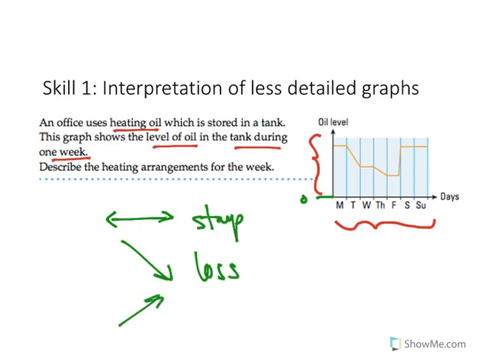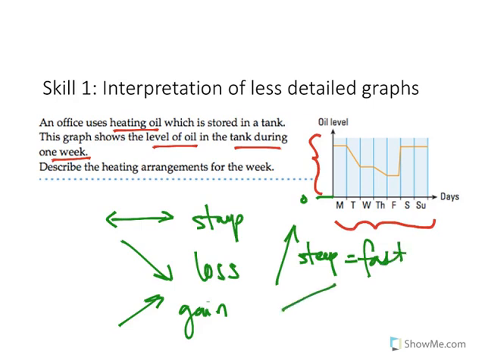Lines that go up, usually there's a gain. Lines that are really steep mean it rises really fast. Lines that are more flat are usually more slow. So a steep line going down means you're dropping really fast, while a flatter line that goes down means you're losing more slowly.